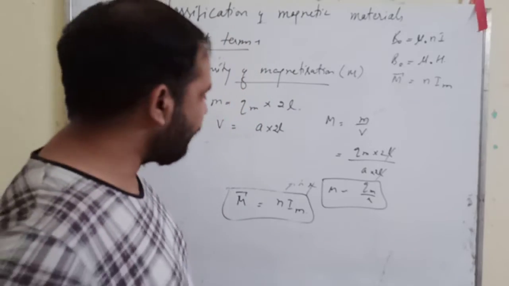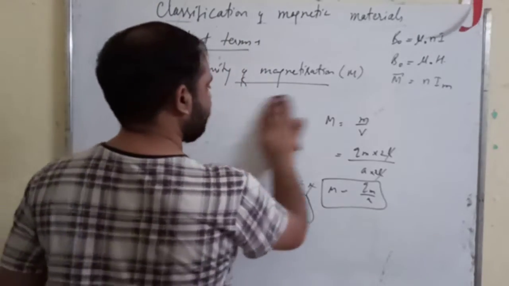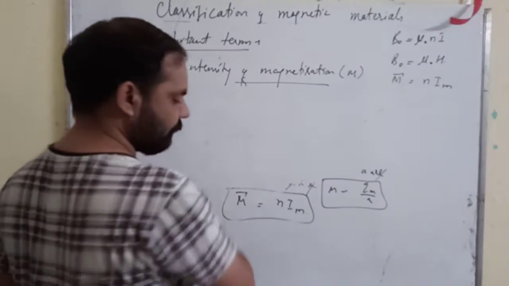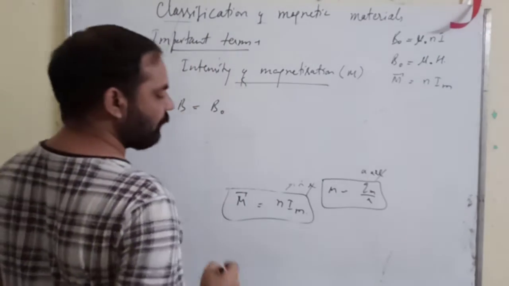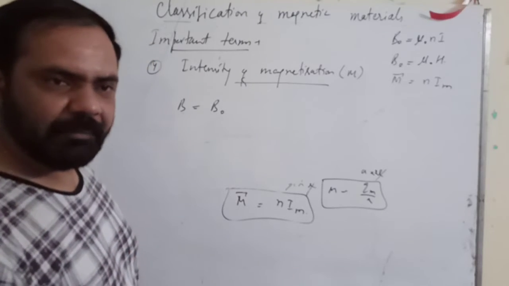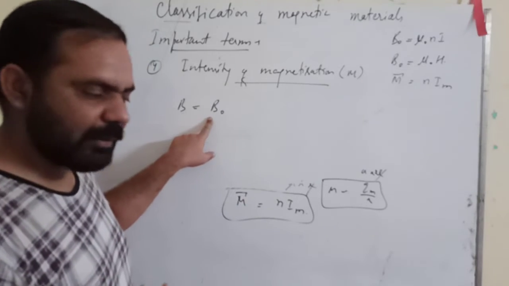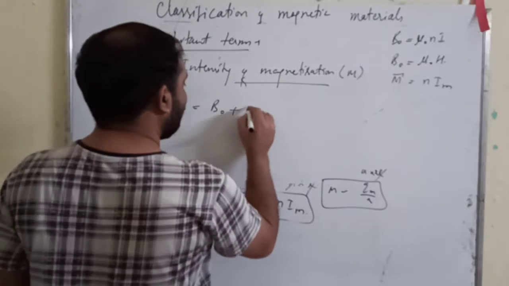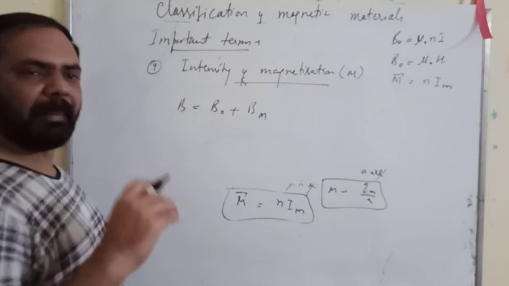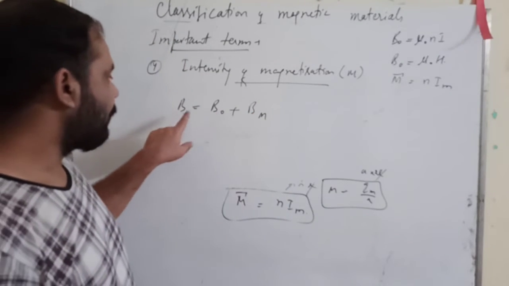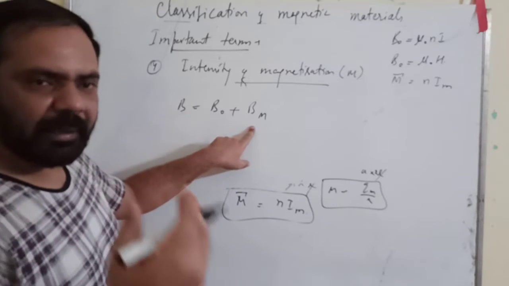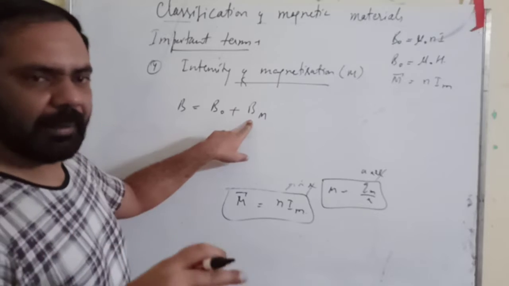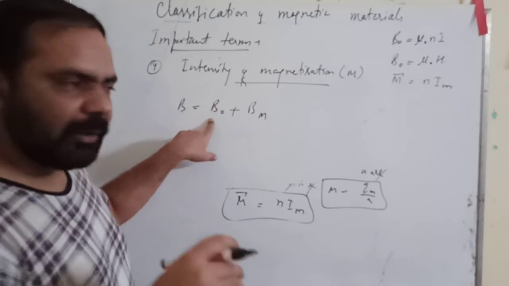So now finally what do we get here? The net magnetic field is equal to the magnetizing field, the strength of that magnetizing field, plus the magnetic field developed due to the magnetization of the material. The total magnetic field in that region, which I was taking earlier as B dash, is actually BM, magnetic external magnetic field.